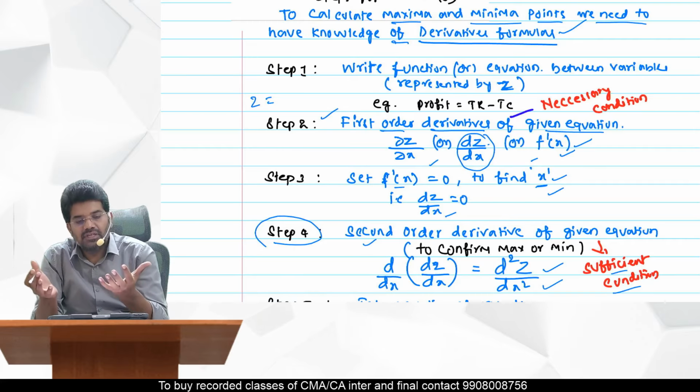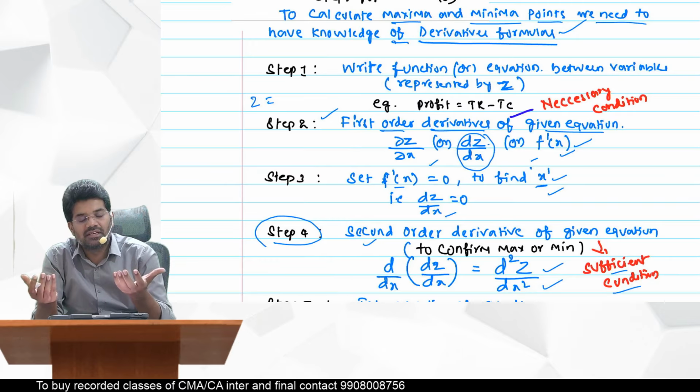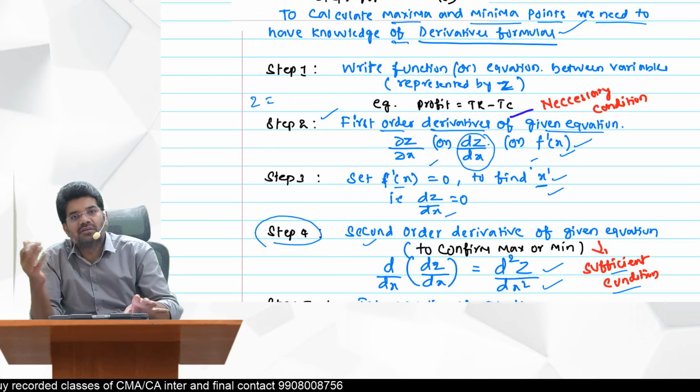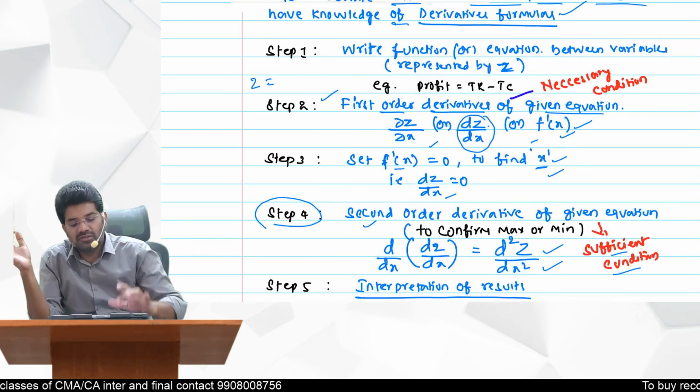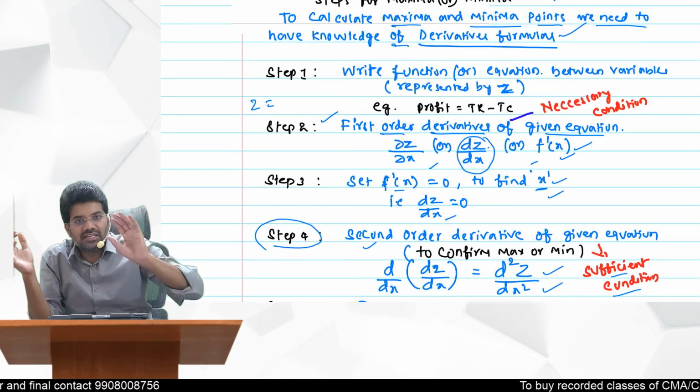If the value is less than 0, that confirms we have achieved the maximum point. If it is greater than 0, that confirms we have achieved the minimum point. So these are the conditions. I hope you understood the steps.